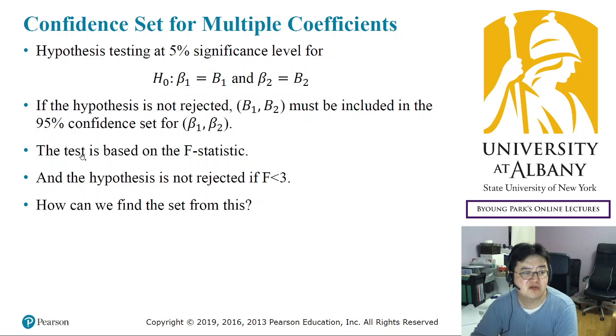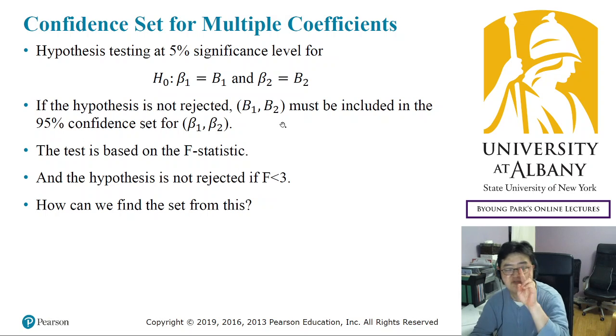Remember, the test was based on the F statistic. We know how to calculate the F statistic, and the hypothesis is not rejected if the F statistic is small. How small the threshold is depends on the number of parameters included in the hypothesis.